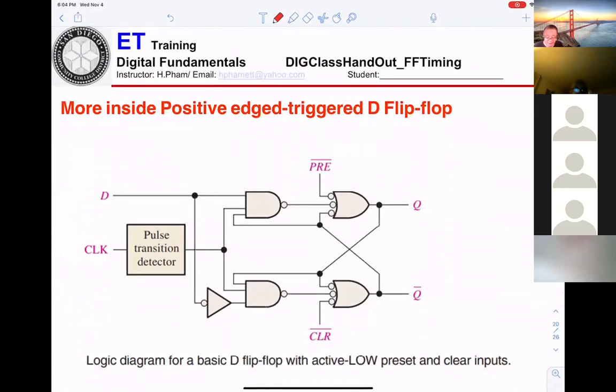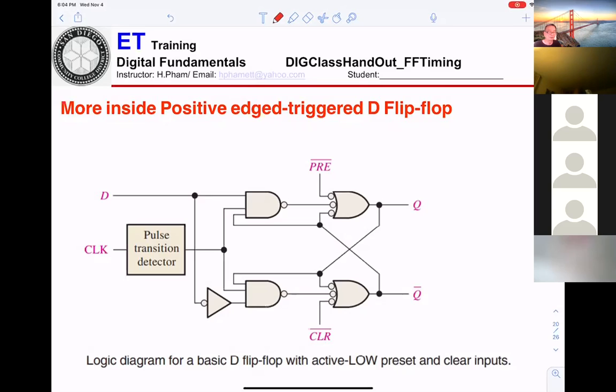So basically, when you're looking into this circuitry, how much do you understand? That will be the circuitry inside the D. When they draw the D, they just draw a symbol. They don't want to draw everything inside.